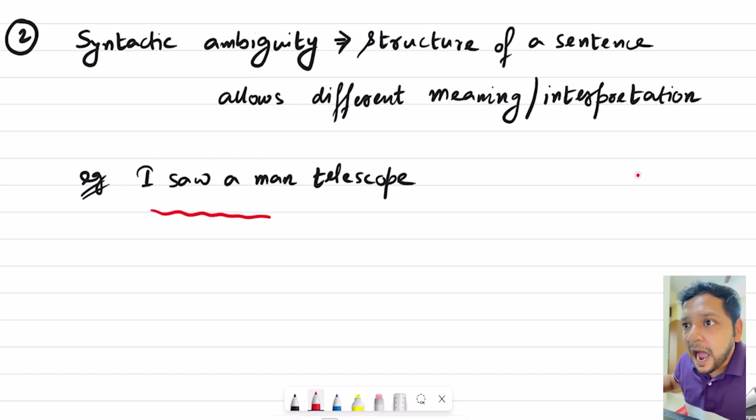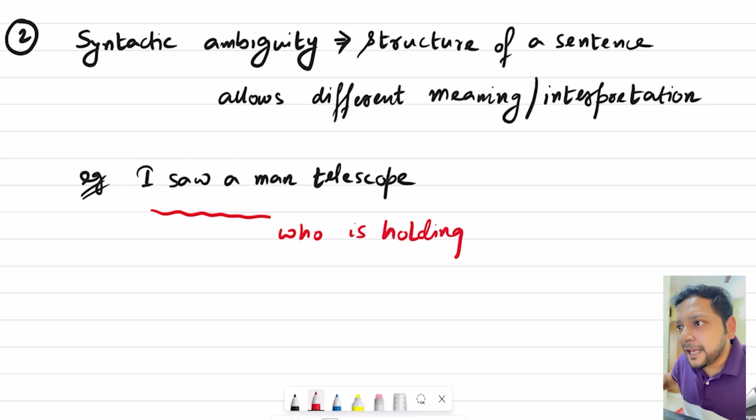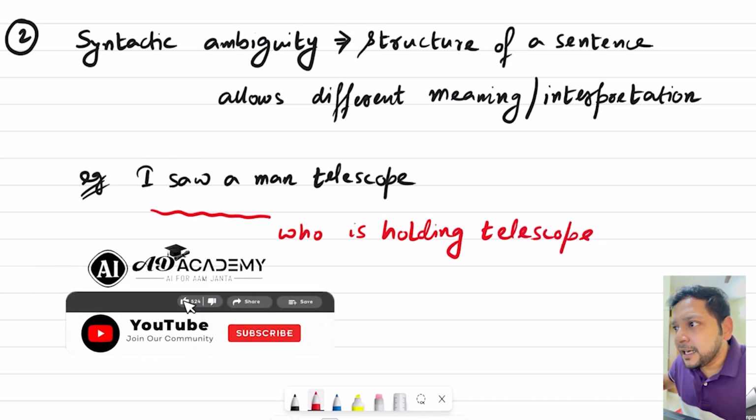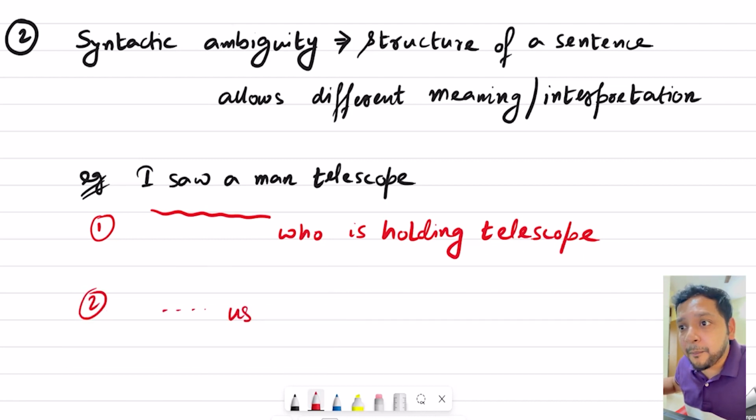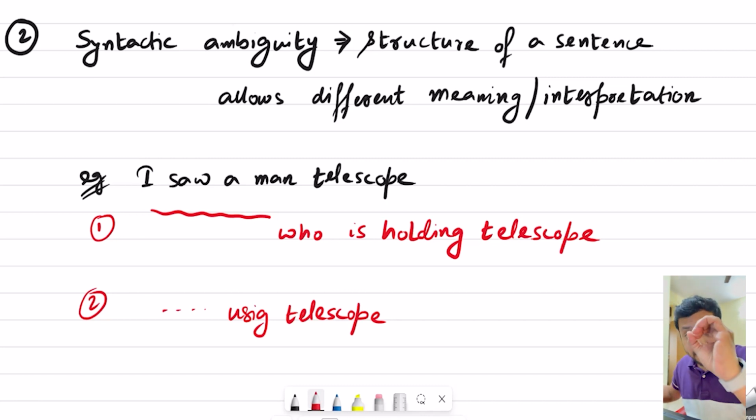The first one is that I saw a man who is holding a telescope. And it can have another meaning: that I saw a man using a telescope.